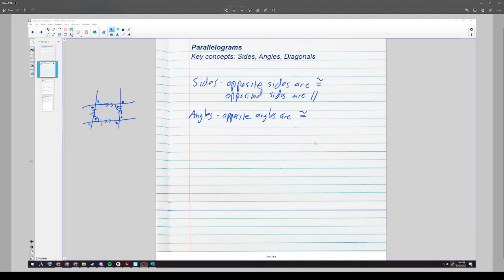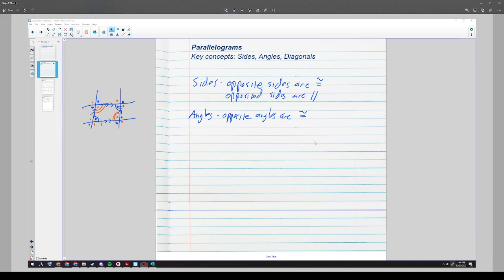Likewise, if we did the same with our remaining angles, we know these two, these two, these two, and these two are congruent. So again, our other two opposite corners are congruent as well. So our property for angles is that the opposite angles are always congruent in a parallelogram. So that would allow us to set up some problems and solve them if we knew expressions for those corners.